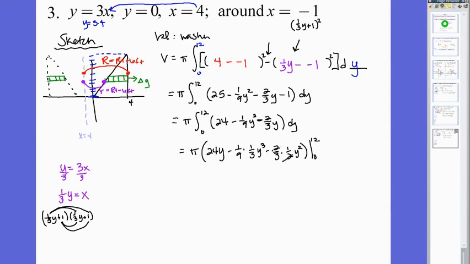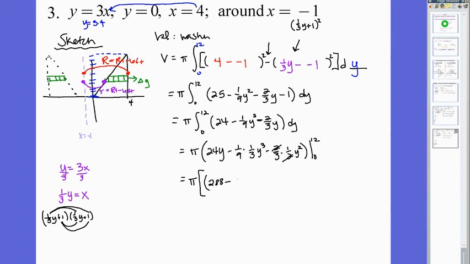Cool. Check out that 1/2 and that 2/3. Those will cancel. I'm going to keep my pi just as a multiplier up front of everything, and I'm going to plug in my upper bound. So 24 times 12, type it into a calculator. I got 288 minus 12 cubed divided by 9 divided by 3, or 12 cubed divided by 27.